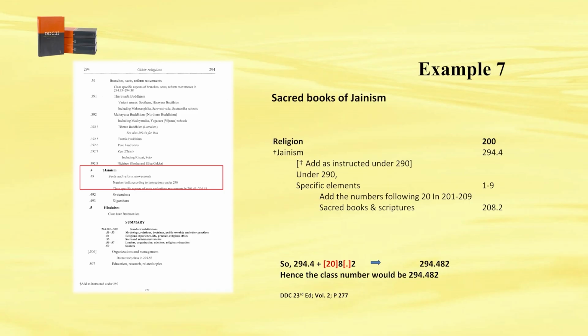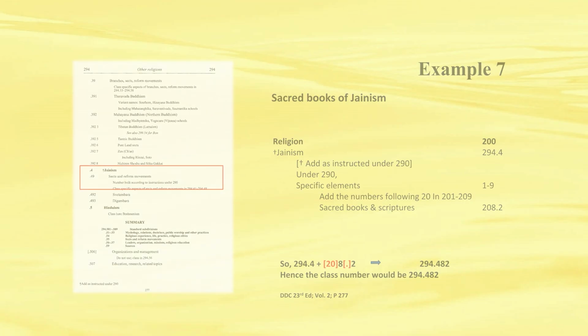So the number will be 294.4 for Jainism, and for sacred scripture we have used 208.2, from which we have taken only 82. So the number will be 294.482. So this is the number for sacred scripture of Jainism.